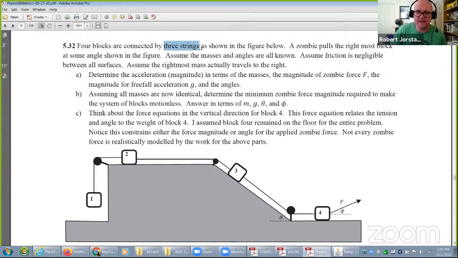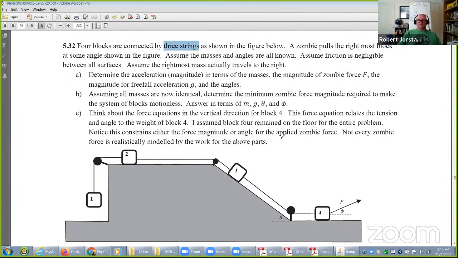Unless otherwise specified, all of our strings are ideal strings, massless, inextensible. All of our pulleys, we're going to assume are ideal pulleys for right now, okay? And then it says at some point in the question, determine the acceleration magnitude, blah, blah. Assume the rightmost mass actually travels to the right. Okay, got it. Friction is negligible, understood.